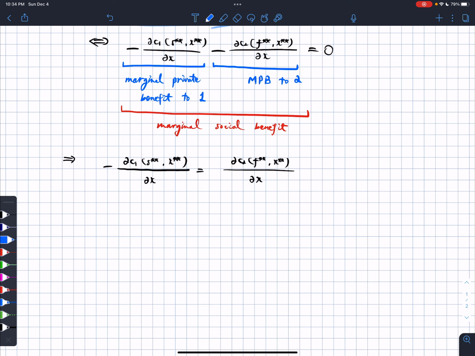So this right-hand side can be interpreted as marginal private cost of pollution to firm 2, right? The only difference between this guy and this guy is that I've changed the sign, and I know that this is positive.